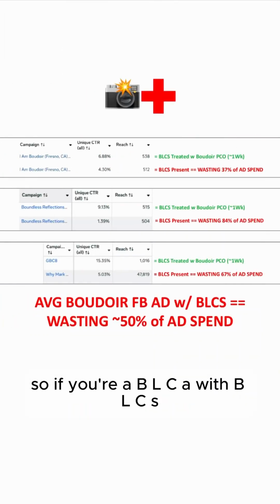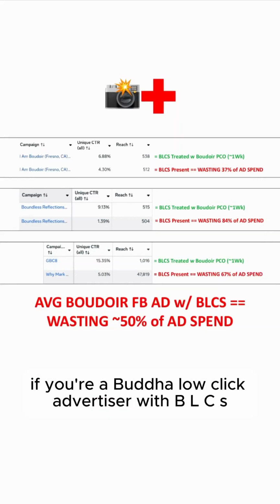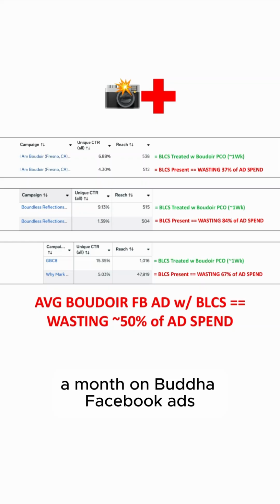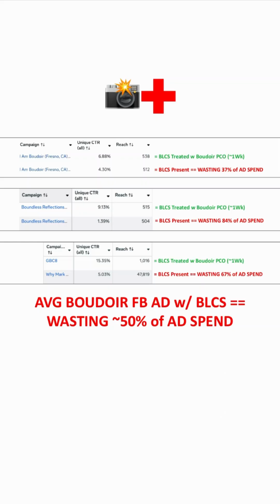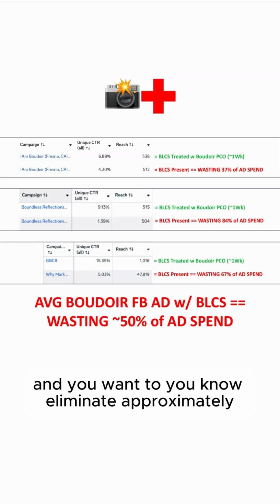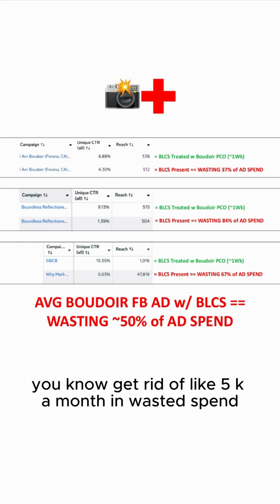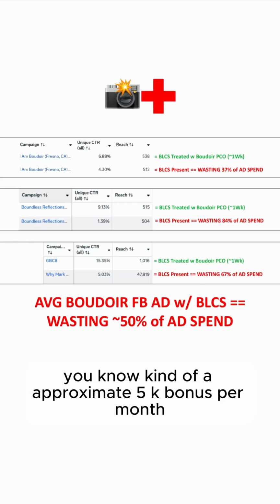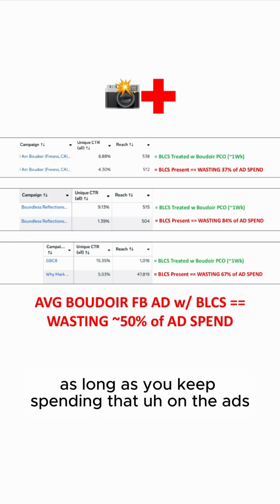All right, so if you're a BLCA with BLCS, a boudoir low click advertiser with BLCS, your Boudoir Facebook ads have a unique CTR under 6%, and you're spending more than 10 grand a month on Boudoir Facebook ads, and you want to eliminate approximately 5K a month in wasted spend and put it back in your pocket, that'd be an approximate 5K bonus per month, as long as you keep spending that on the ads.